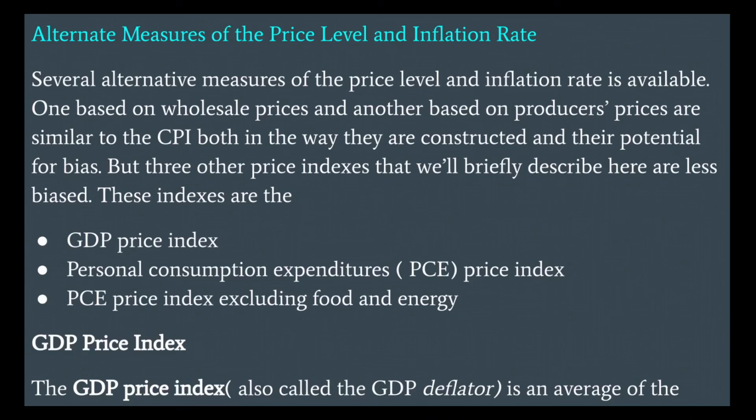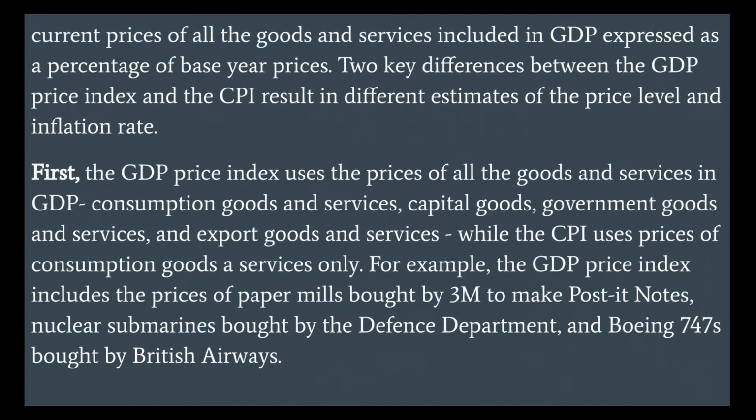GDP price index. The GDP price index, also called the GDP deflator, is an average of the current prices of all the goods and services included in GDP expressed as a percentage of base year prices. Two key differences between the GDP price index and the CPI result in different estimates of the price level and inflation rate.